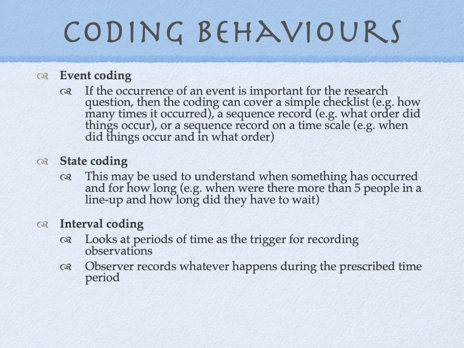One of three overriding ways that you can set up how you're going to code. One is called event coding. And event coding is when a certain event occurs, you record it or how many times that event has occurred.